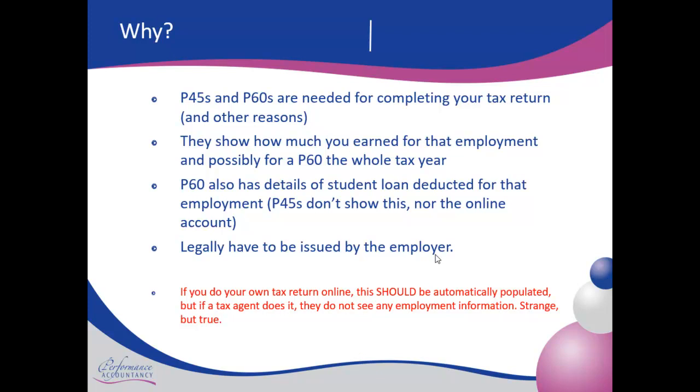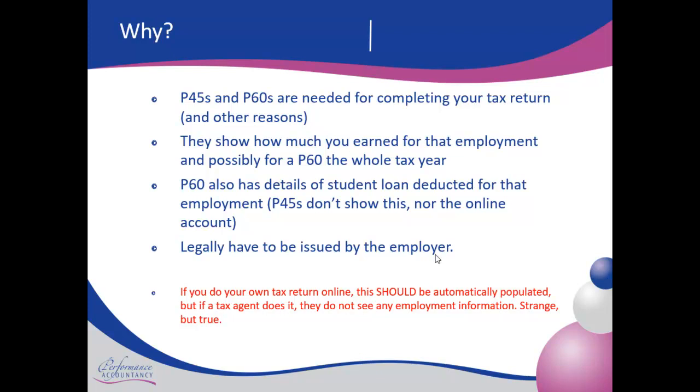Now, legally, these P45s and P60s have to be issued by the employer if they have deducted any taxes from you. If no taxes have been deducted, then they don't actually have to issue a P45 or a P60. But most payroll systems now will do it automatically, and you can ask for one.